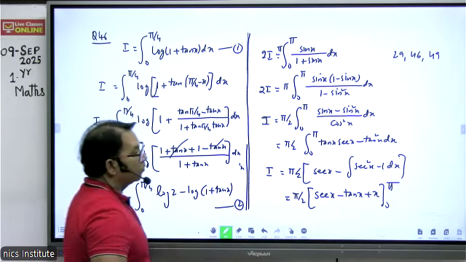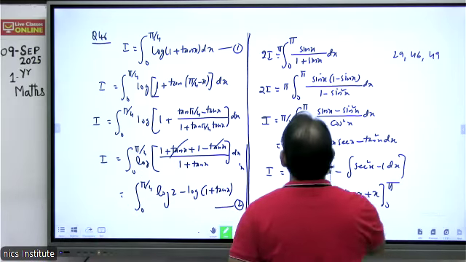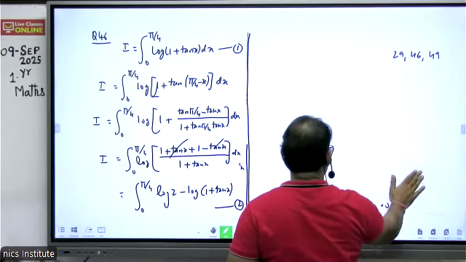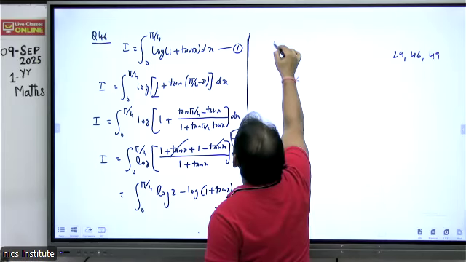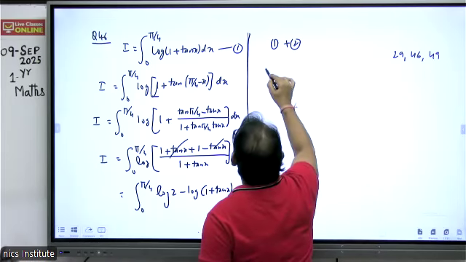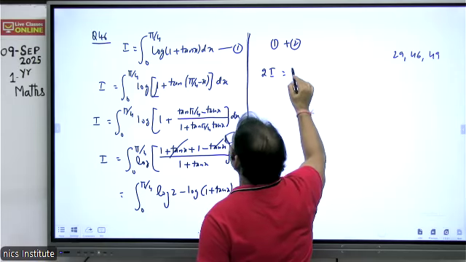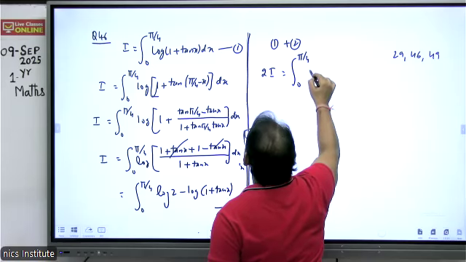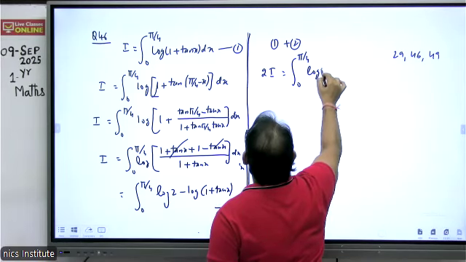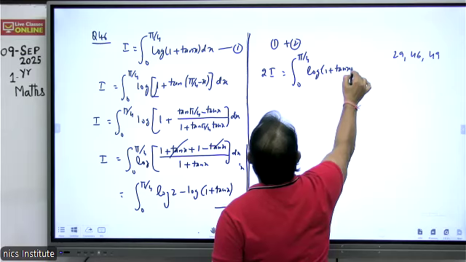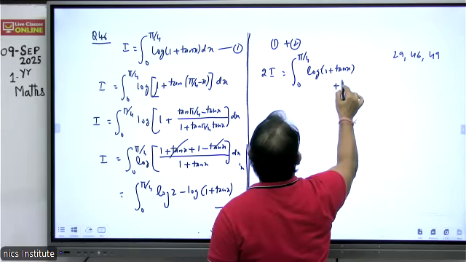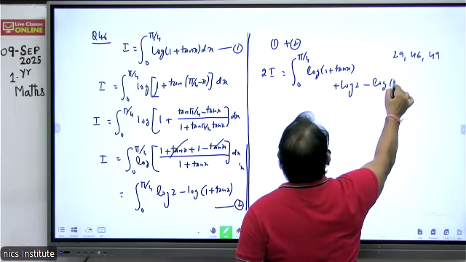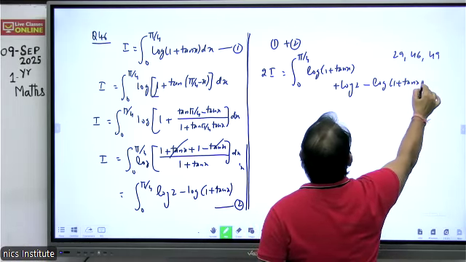Now you can add equation 1 and 2 both. So 1 plus 2 will be 2i, 0 to pi by 4. It is log of 1 plus tan x, this is log 2 minus log of 1 plus tan x.